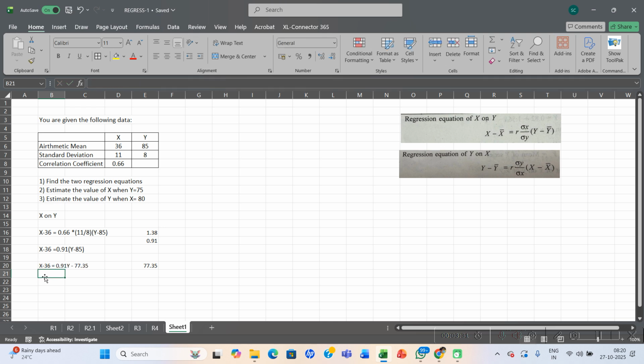So let us take the constants to the other side.